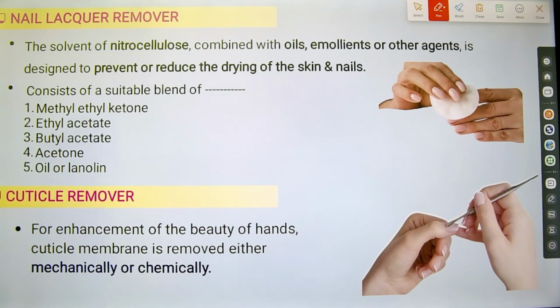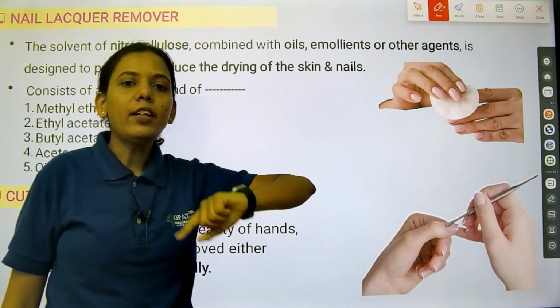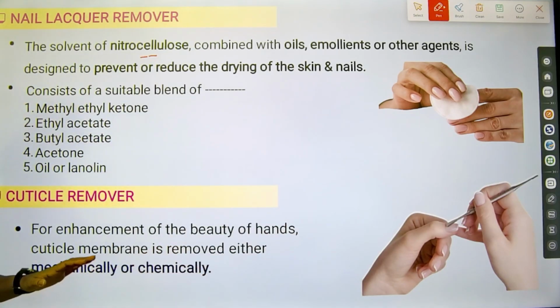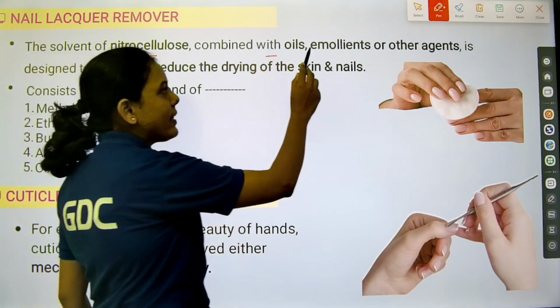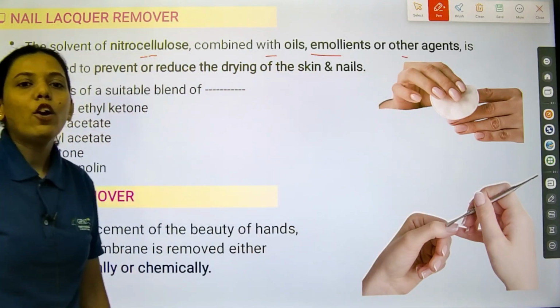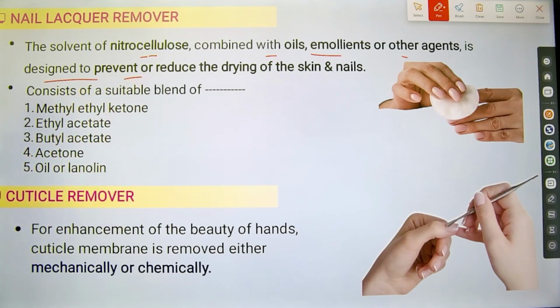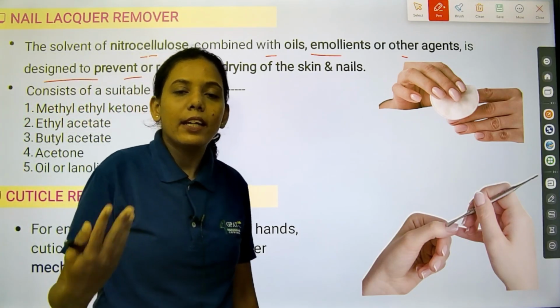So the solvents of nitrocellulose, that means the solvents which can dissolve nitrocellulose, are used as a nail lacquer remover. These are often combined with certain kinds of oils, emollients or any kind of agents, designed to prevent or reduce the drying of the skin and the nails. Okay, because they have the tendency of drying out.